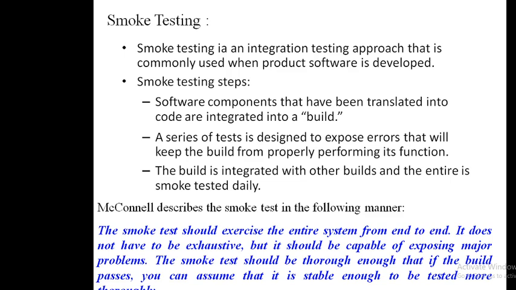So the first step is to develop the software. The second step: a series of tests is designed to expose errors that will keep the build from properly performing its function. After the software is developed, a series of tests is conducted to see whether all the functions are performing properly or not.